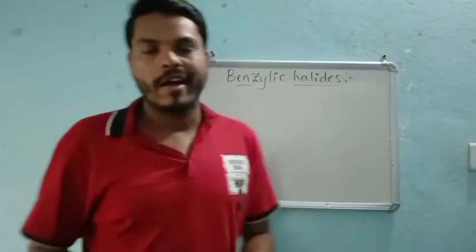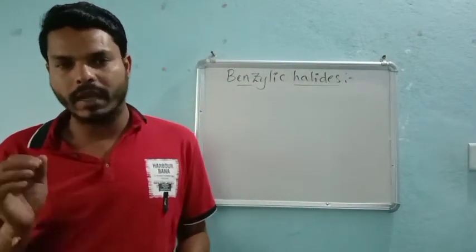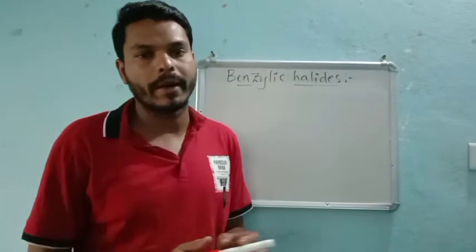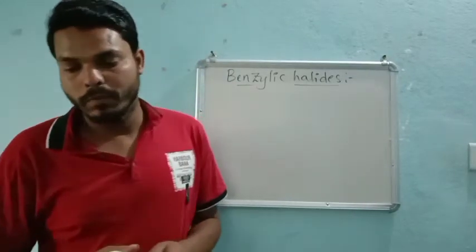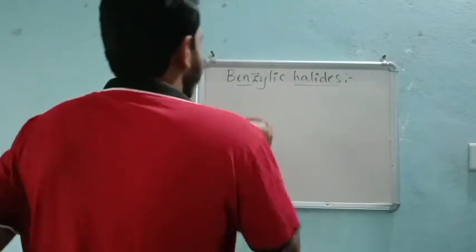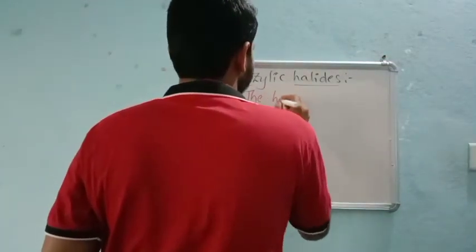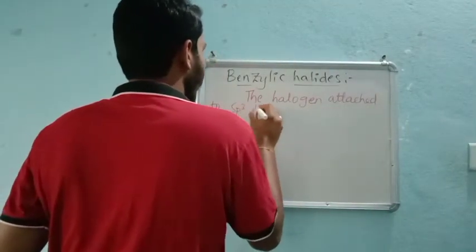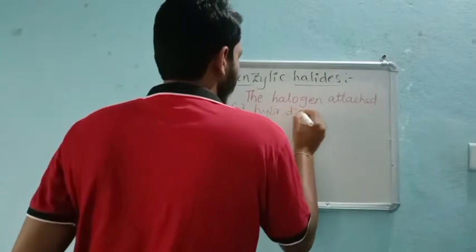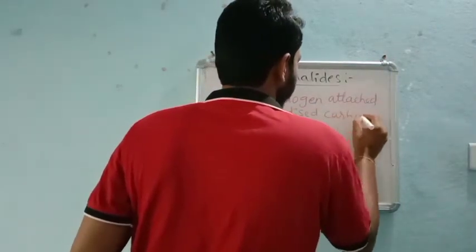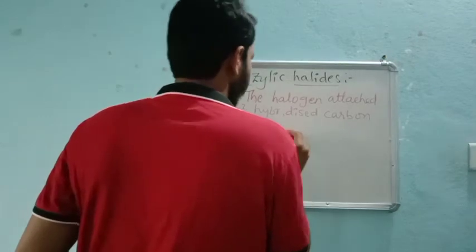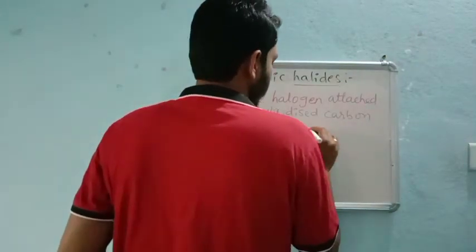The halogen is again under the same condition: the halogen is attached to an sp3 hybridized carbon atom next to the benzene ring. Very simple.